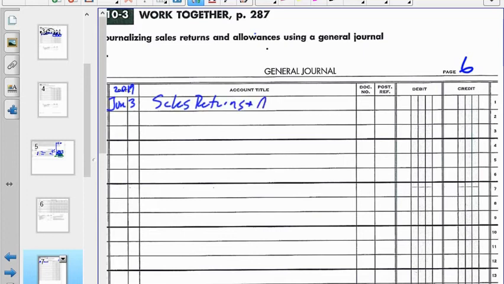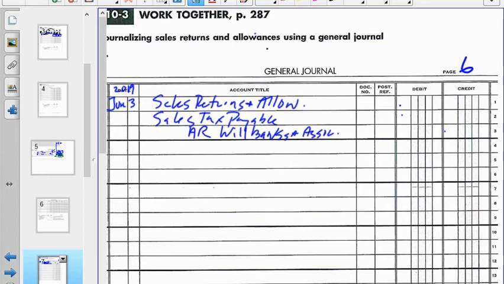Sales return and allowance is going to be my debit. Sales tax payable is going to be my debit. Again, opposite because somebody is sending something back to us. And we've got an accounts receivable to a company called Wilbanks and Associates. And that's going to be the credit.